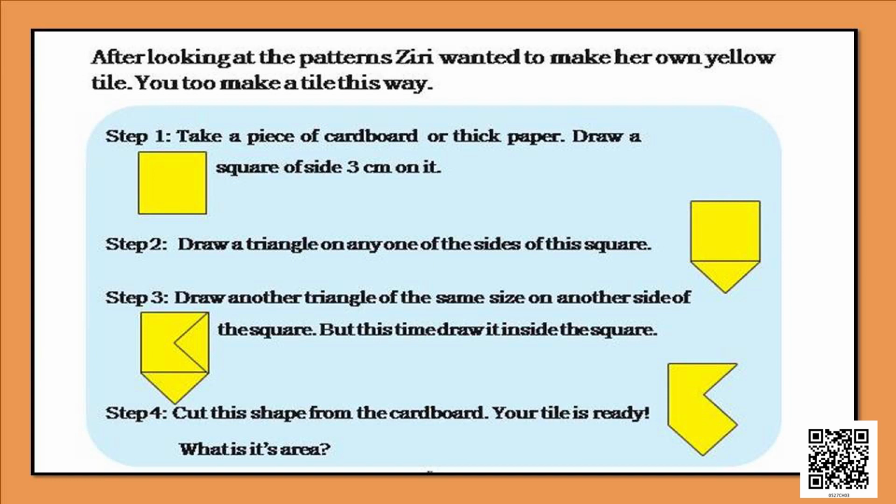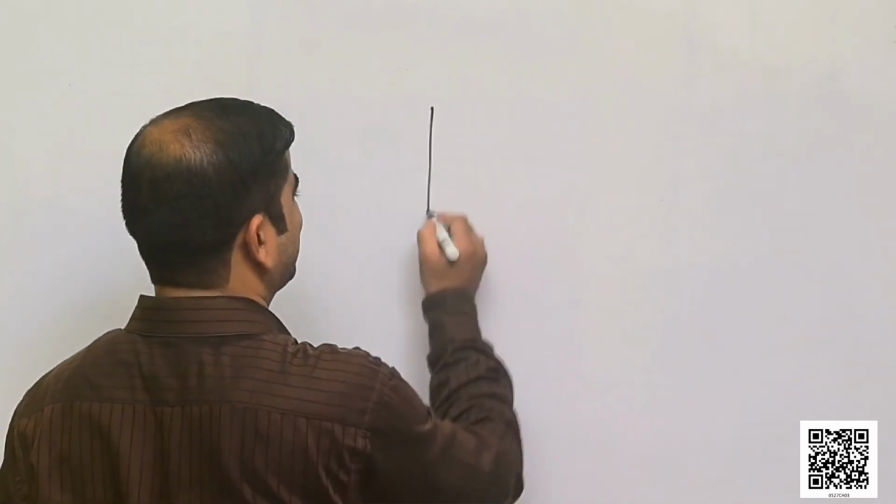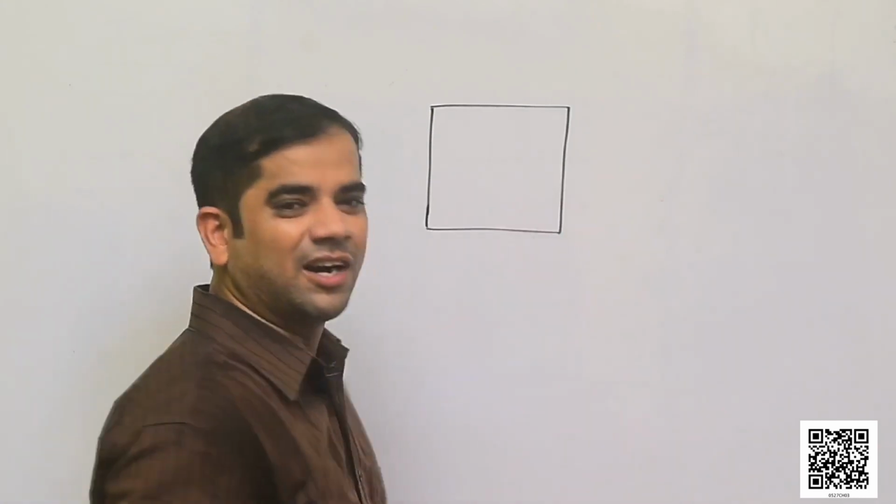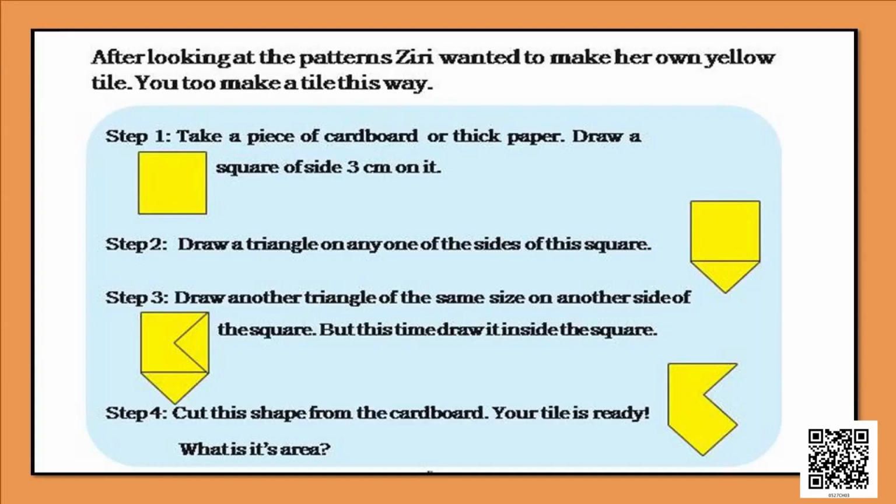So students, as it is displayed on the screen, you find that there is a square that is yellow in color. Okay? Now what do we have to do? We have to draw a triangle on any one of the sides of this square.